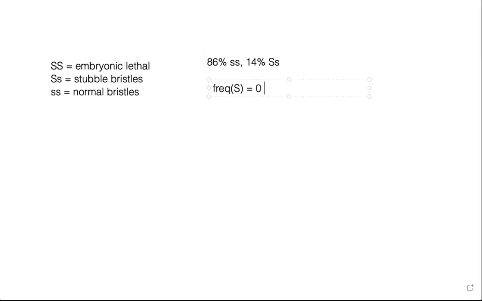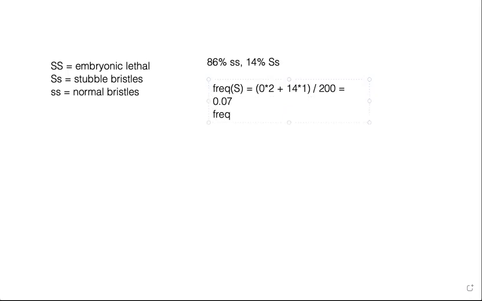Number of homozygotes is 0 because big S flies are never born, times 2, plus 14 flies that have 1, divided by the total number of alleles, which is 200. So it's 14 over 200, which is 0.07.